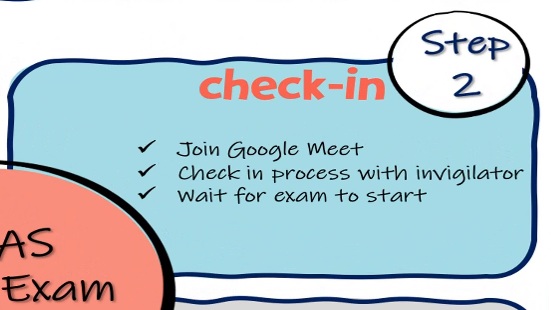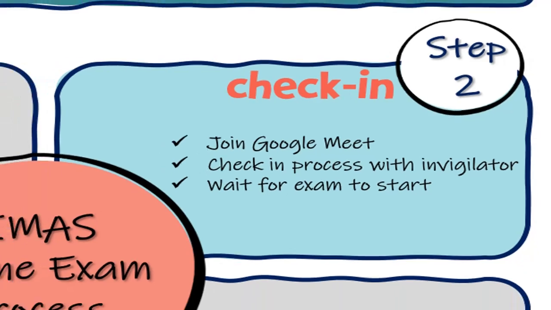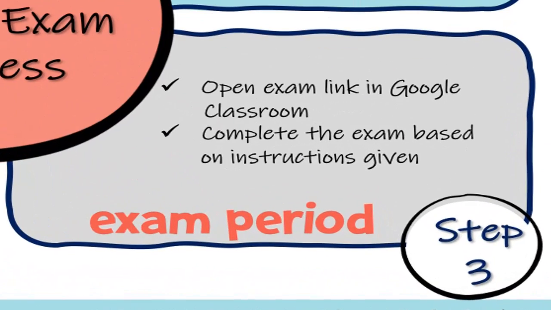Step number 2, check-in. Every day before each exam, you need to join Google Meet. Check-in process with the invigilator and wait for the exam to start. Step number 3, exam period. Open the exam link in Google Classroom. Start answering.